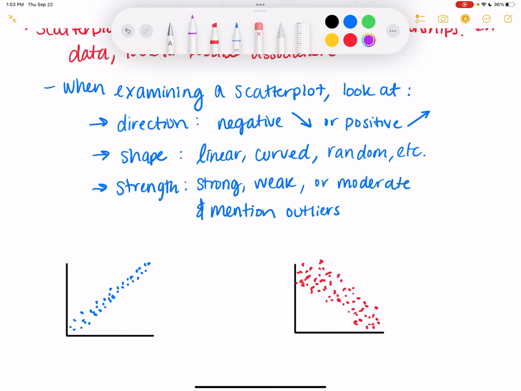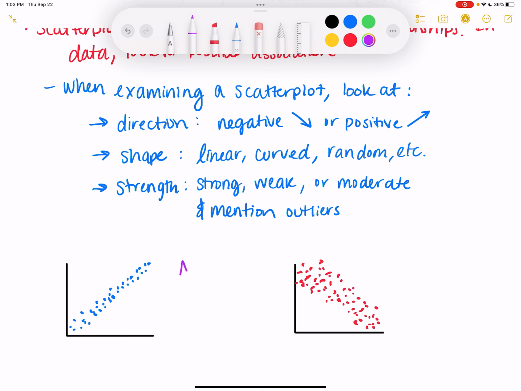And then what kind of shape? Are we linear, curved, random? Linear. So a strong, positive, linear relationship would be how we would describe that one.